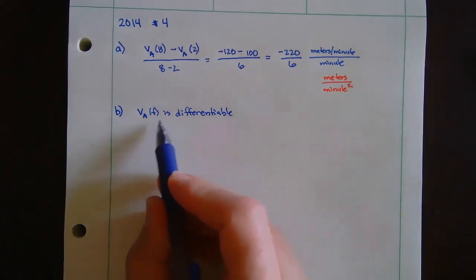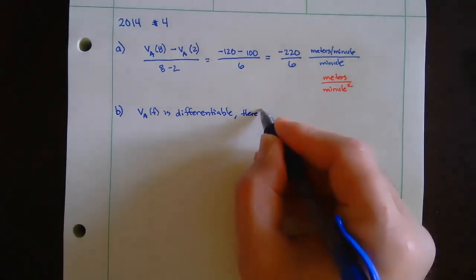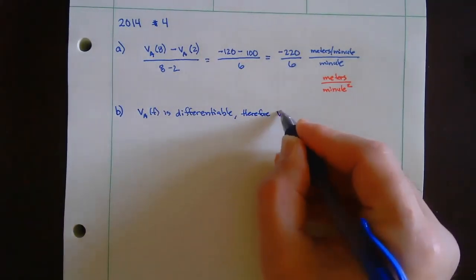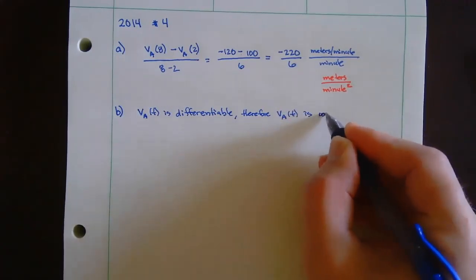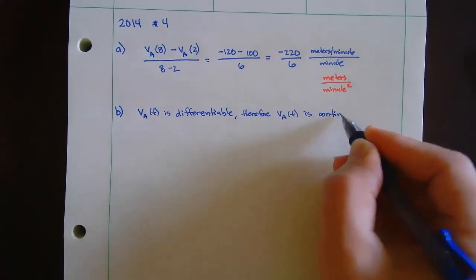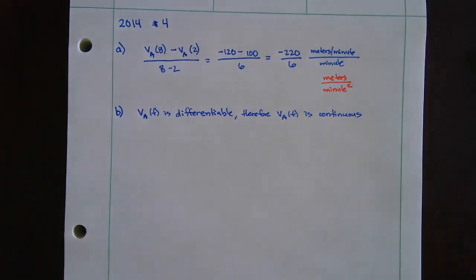So v sub A of t is differentiable, comma, therefore v sub A of t is continuous. Okay, so we have to establish that it's continuous to use the Intermediate Value Theorem, because the Intermediate Value Theorem doesn't hold if it's not continuous, because you can all of a sudden jump to another value, okay?